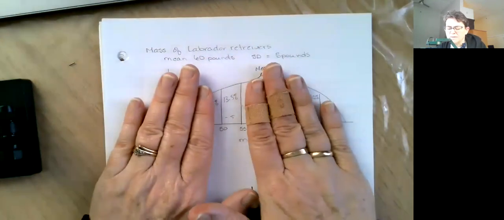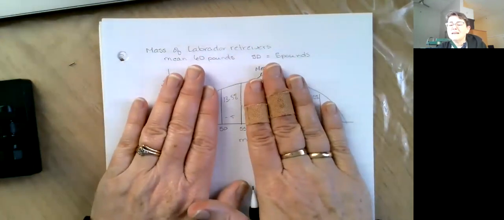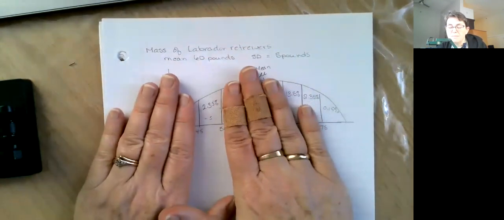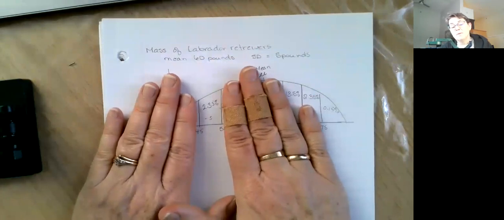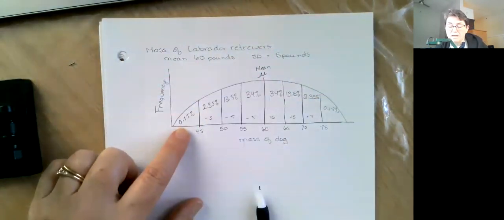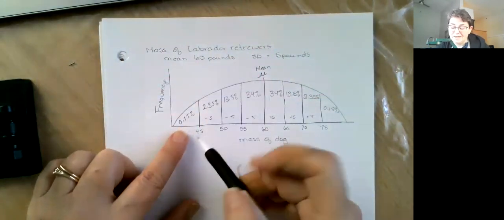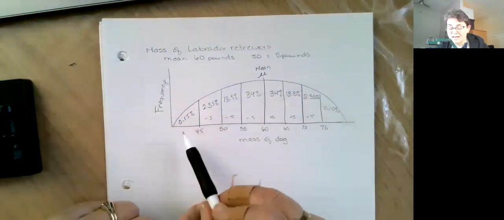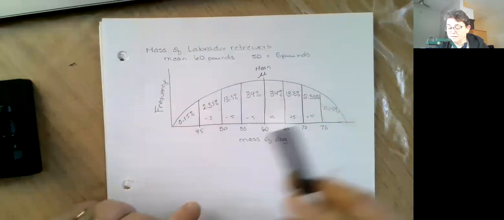Then it gets weird because when I start doing that, there'll be 13 and a half dogs who are between 50 and 55. There's going to be about 2.35 dogs, so about 2 dogs that are going to be pretty small, between 45 and 50, and 0.15. Okay, so it's pretty unlikely in 100 dogs you're going to have somebody lower than 45 pounds.